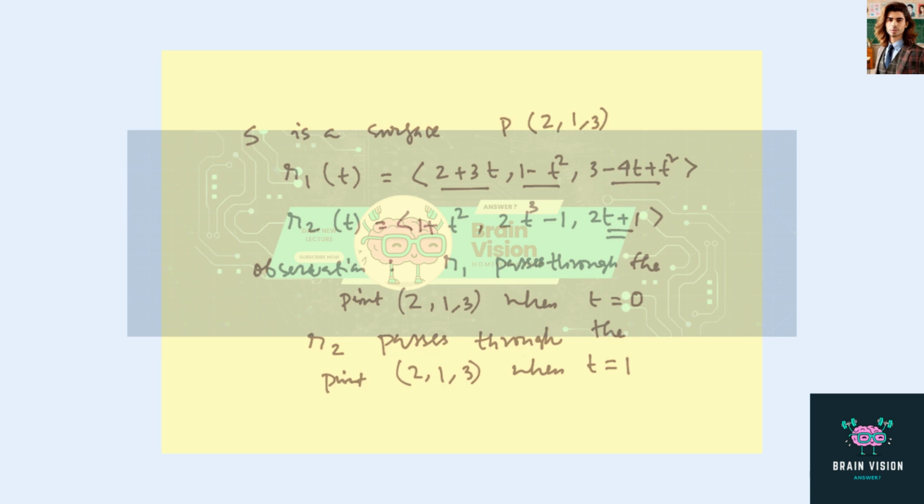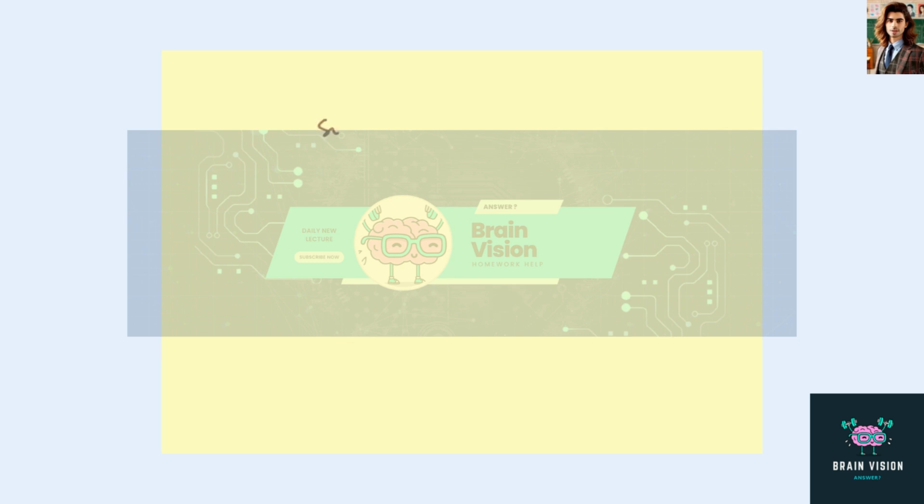So we are going to find the velocity vector, so the tangent vector of R1 at t is equal to 0. We have to find the derivative.